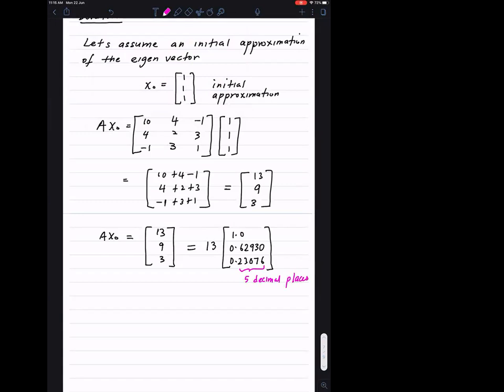Keep 5 decimal places because these are iteration problems. We cannot round off too much.